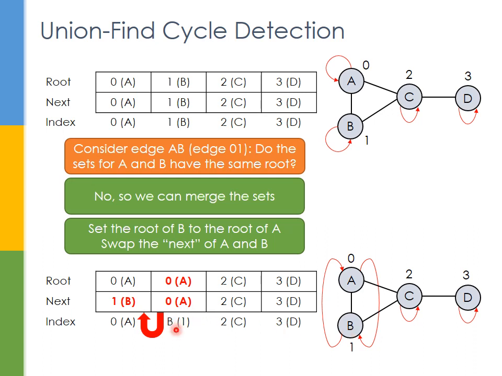And then set B's next is 0, in other words, vertex A, which is that connection over there. So we can see that we've linked these two vertices by means of a kind of linked list structure that is represented within this table, and we've now linked those sets together, indicating that they are connected by means of a vertex.